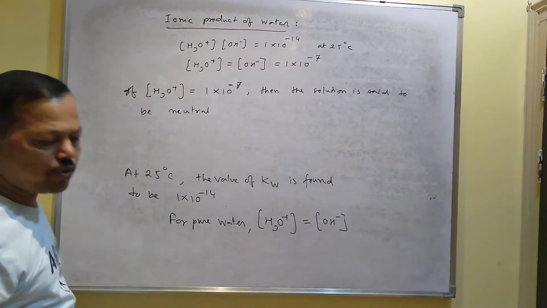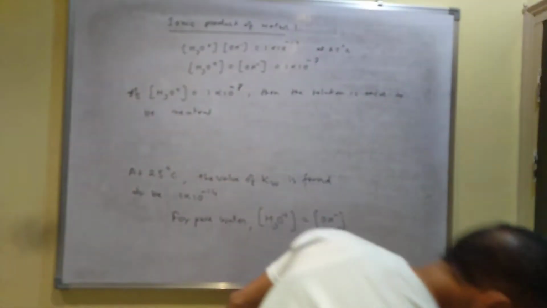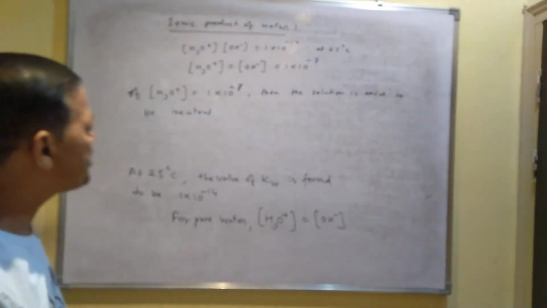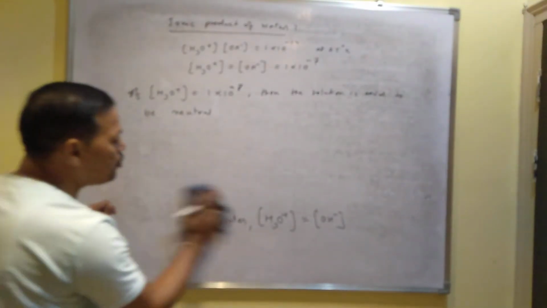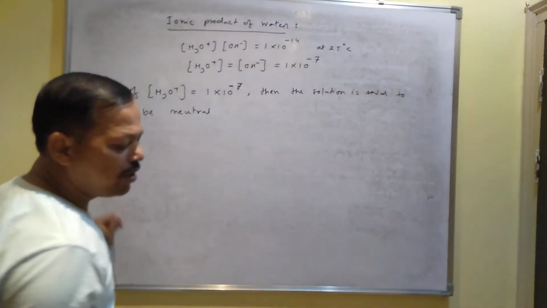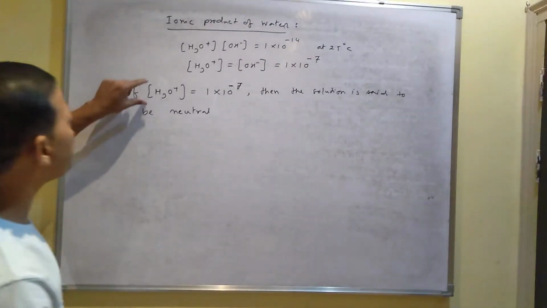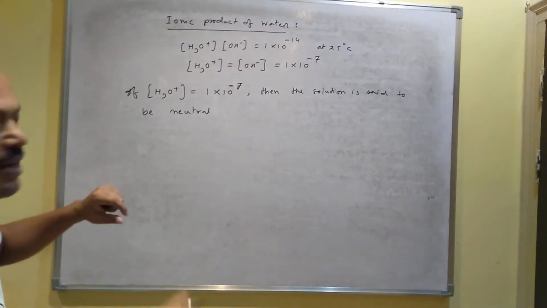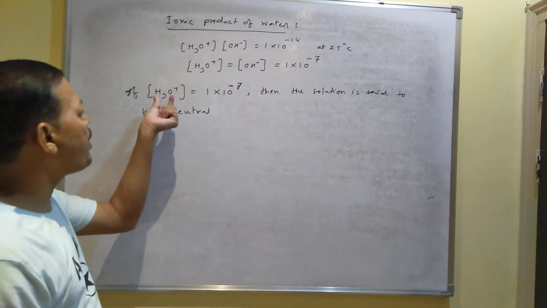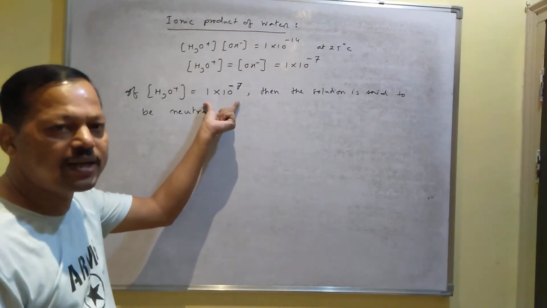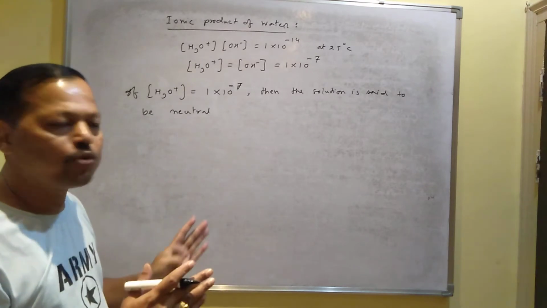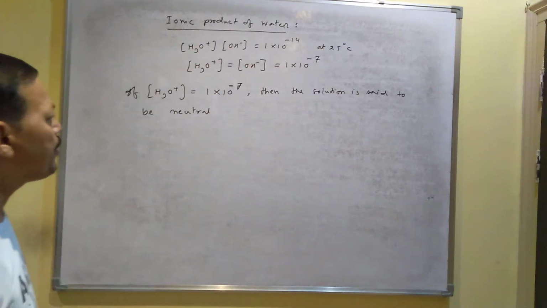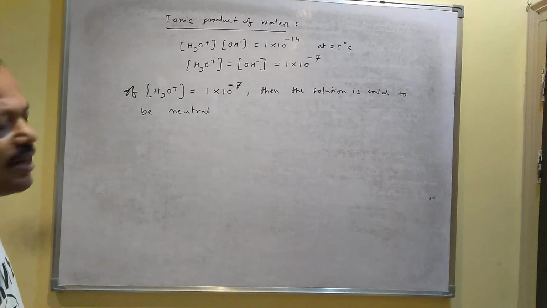You know, there are some solutions which are acidic in nature, and there are some solutions which are basic in nature. So whether the solution will be acidic, basic or neutral, it mainly depends on the concentration of hydronium ion. In the solution, if the concentration of hydronium ion is 1 into 10 to the power minus 7, that type of solution always becomes a neutral solution. I mean it is neither acidic nor basic.